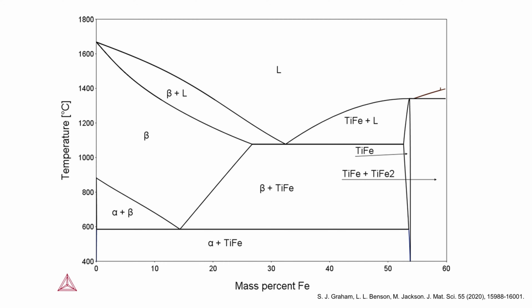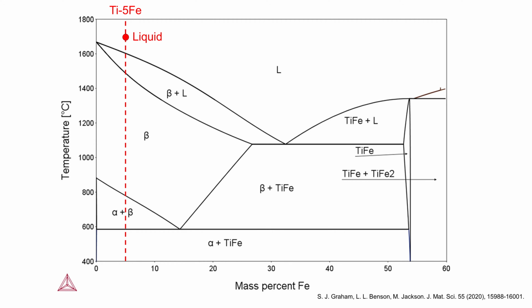This is generally visualized using a phase diagram, an example of which you can see here. This is a titanium iron phase diagram I've borrowed from Graham, Benson and Jackson. Temperature is plotted on the y-axis, and increasing concentration of iron is plotted going from left to right. We can pick an example alloy composition for now, let's say titanium 5 mass% iron. Above approximately 1650 degrees Celsius, we have liquid.